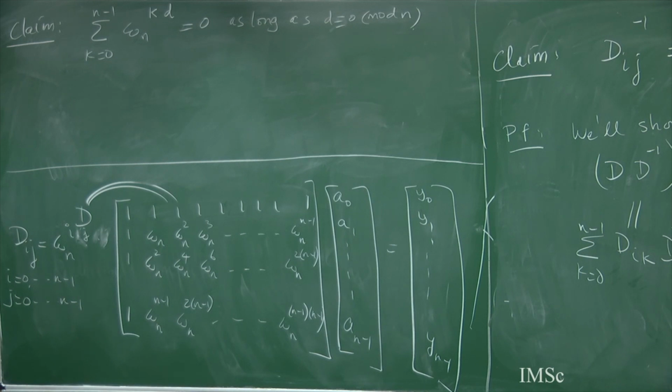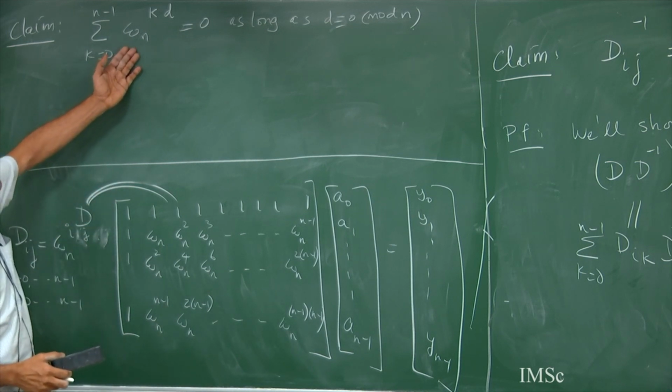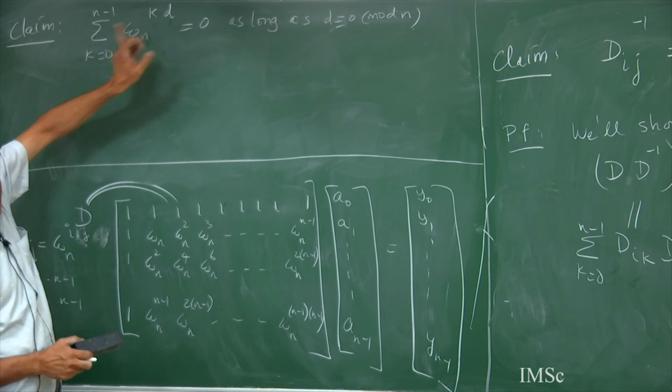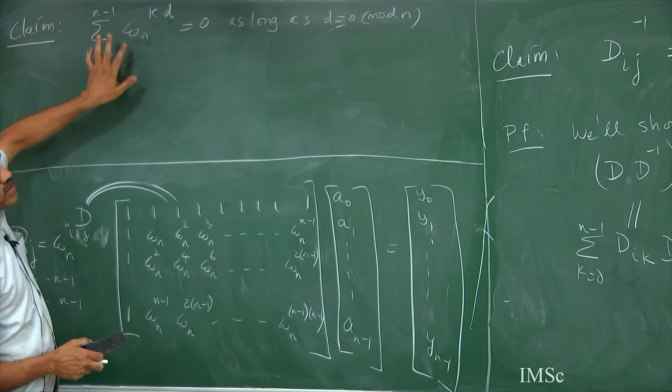Yes, right. When d is congruent to 0 mod n, what is this? This is 1, because you have a multiple of n there, and omega n power n is 1. So this whole thing is 1.